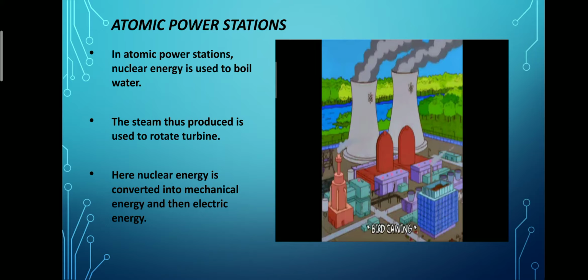The turbine is connected to a coil, so the coil will also start to rotate, and this coil will be in between the electromagnet.